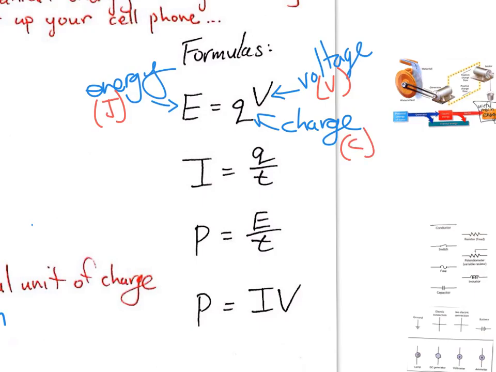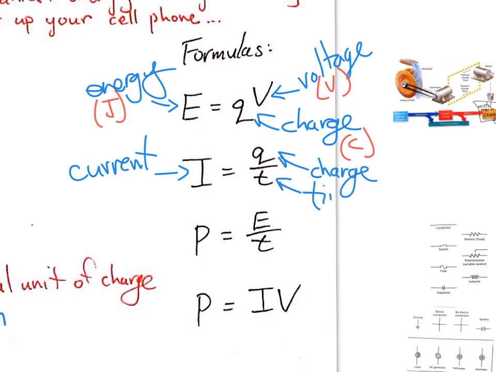Okay. I, what does that stand for? Yes, current. And current is charge per time. And if we were to talk about units for these, current is measured in amps. You can abbreviate that capital A, or you can actually write amps. Charge, again, is coulombs, and time is measured in seconds.